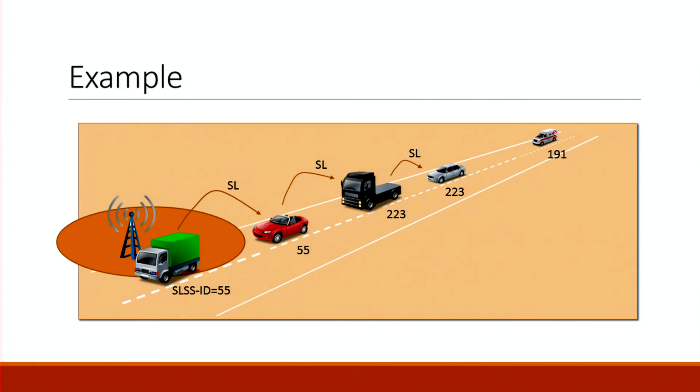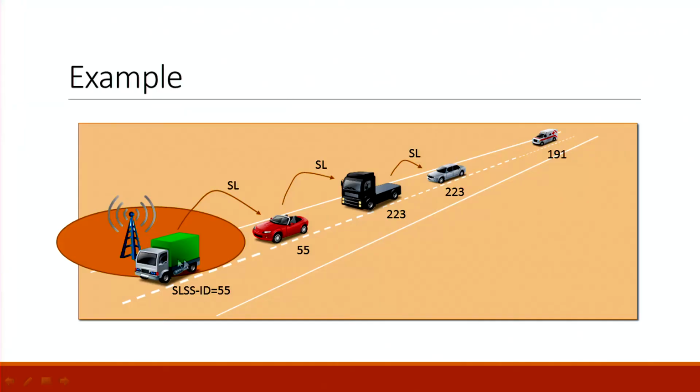And it will advertise, I am in coverage, and it will pick an ID between 0 and 167 to be identified as a possible syncref by other UEs who are in coverage or out of coverage. If you are in coverage, of course, you will not need to pick this one. But this red car, who is out of coverage, needs to find a syncref. Which one will it choose?